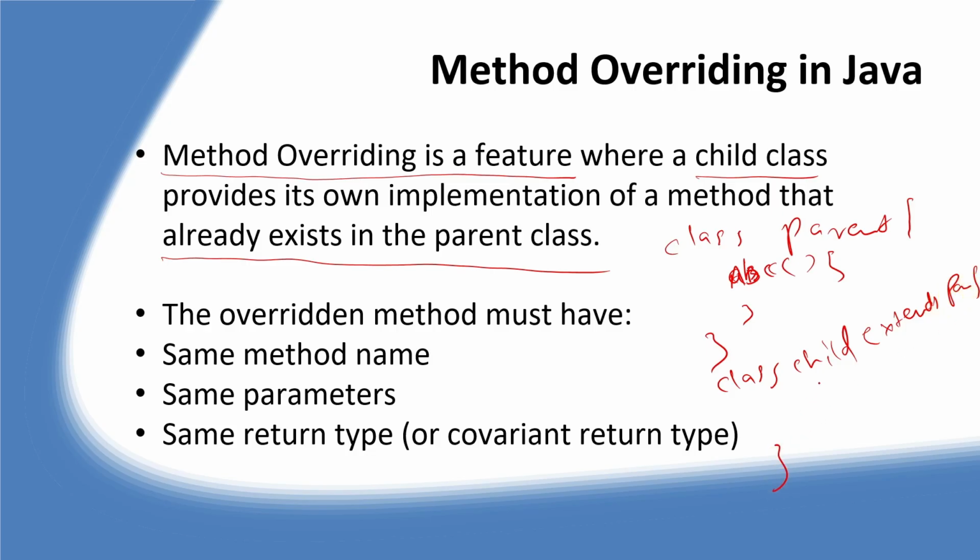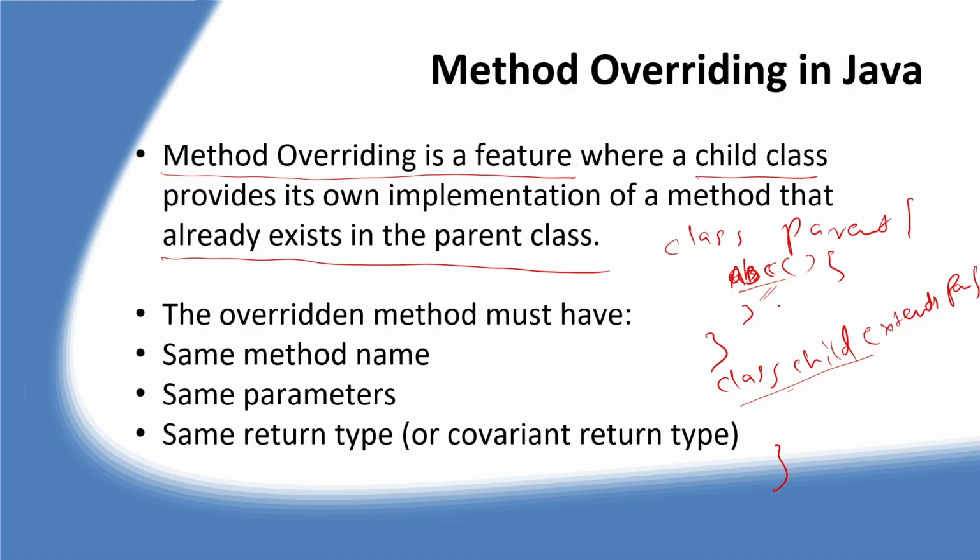Now since this is the child class, whatever properties and behavior are in the parent class will be automatically accessible by the child class. So ABC is the method in the parent class, and the child class can access this ABC method. But here the child class wants to change the definition of this method.